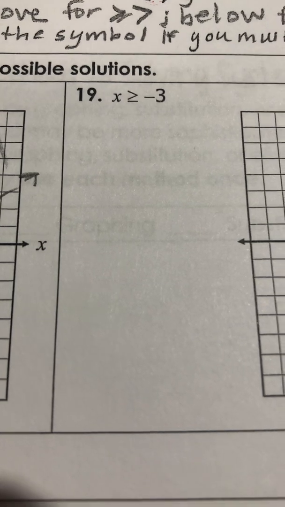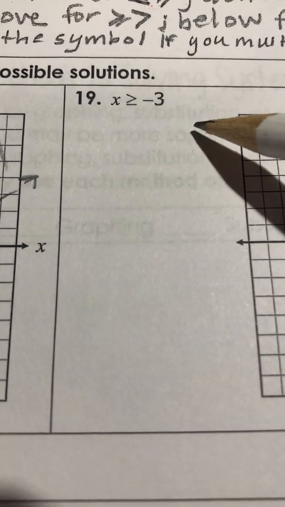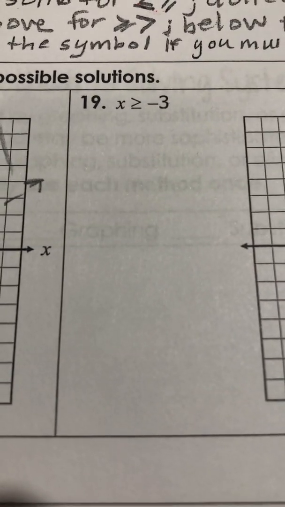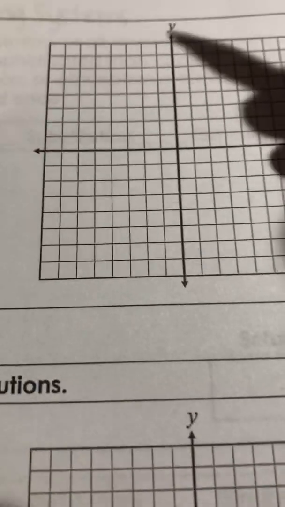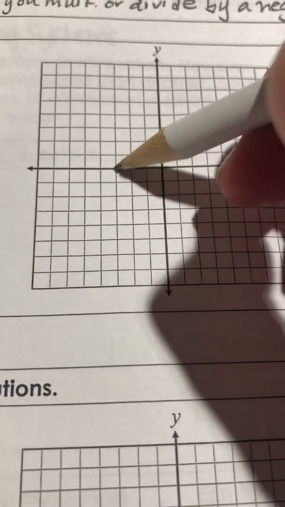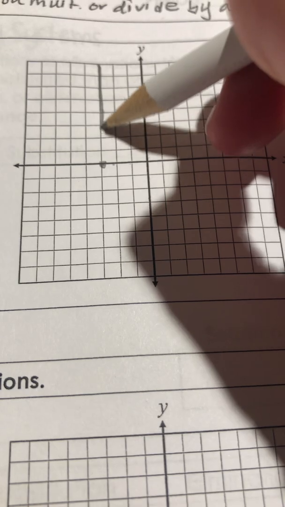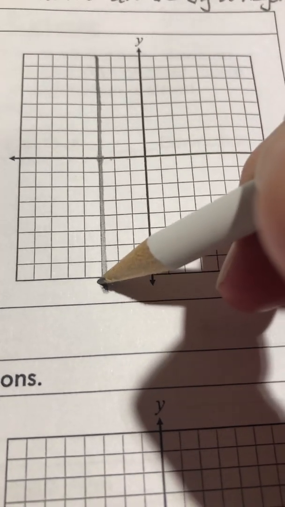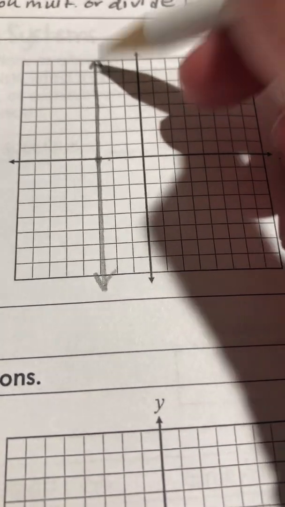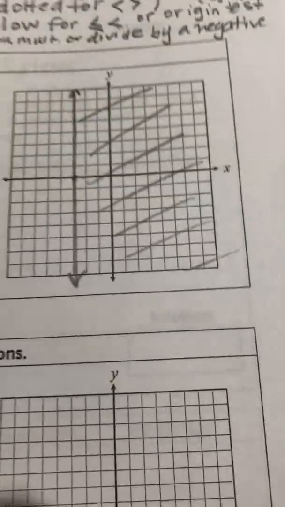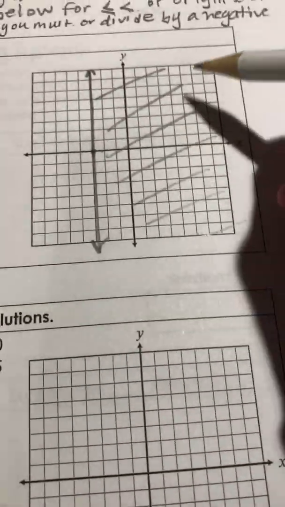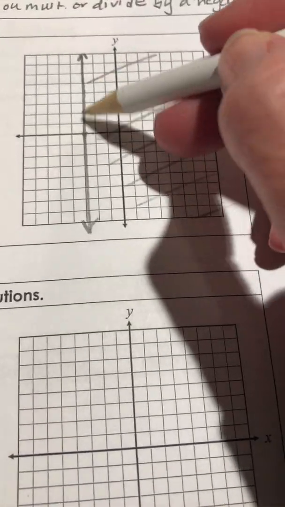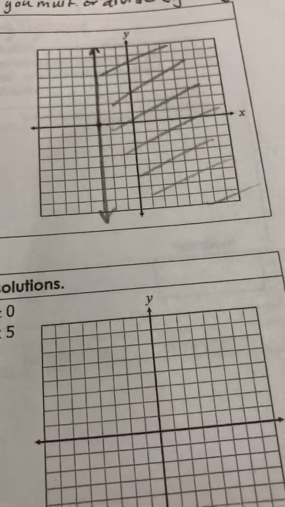If I just have an x value greater than or equal to negative 3, all I'm going to do is count 1, 2, 3 and draw my line. It's going to be solid, and I shade because any value of x over here is greater than this.